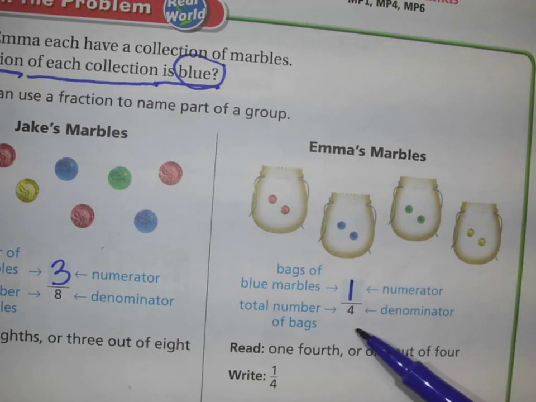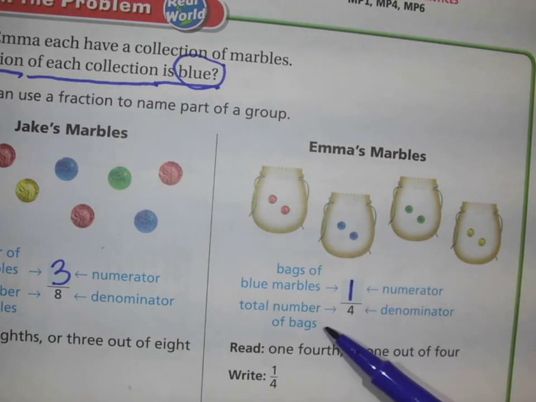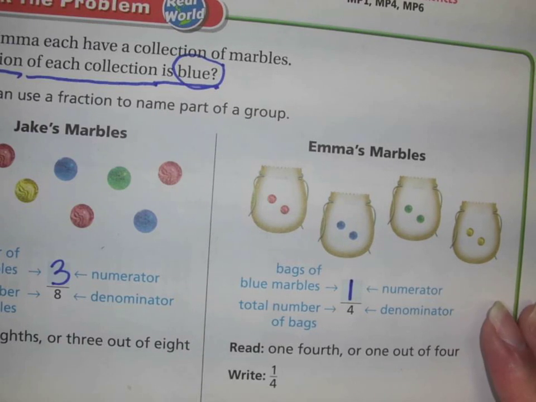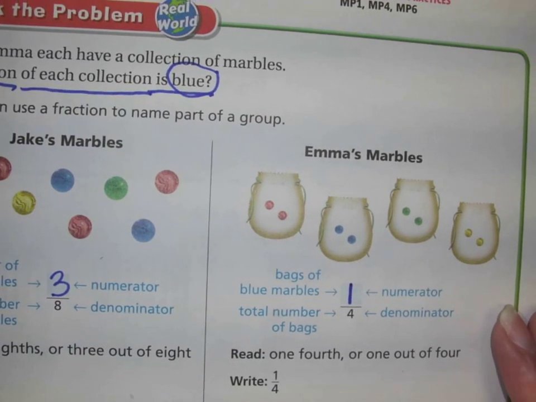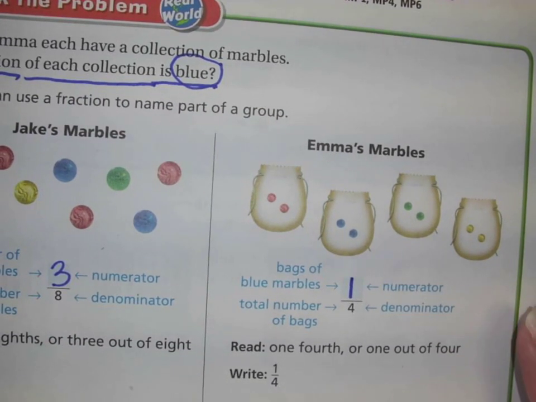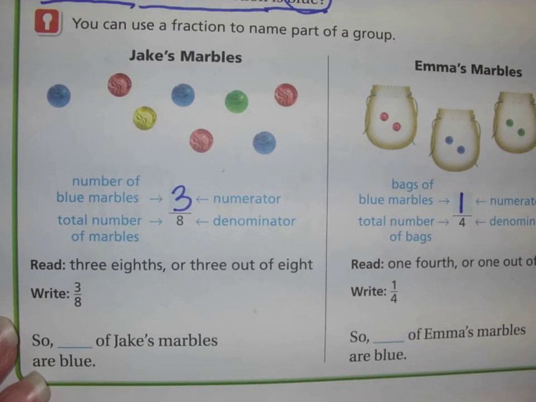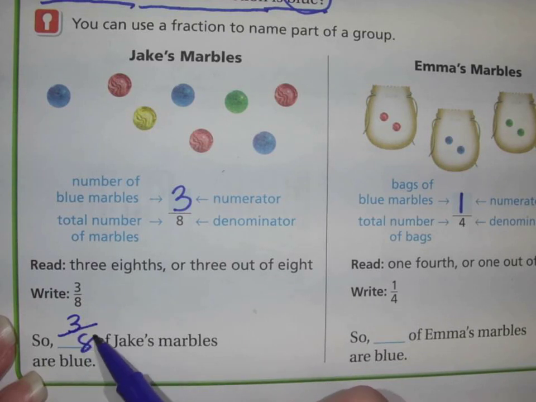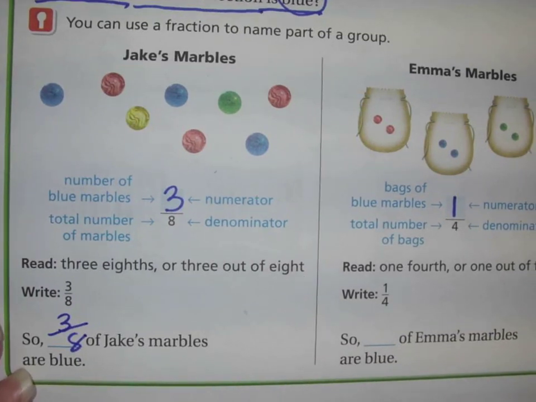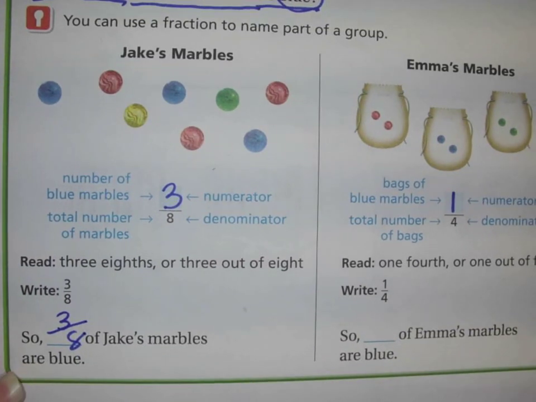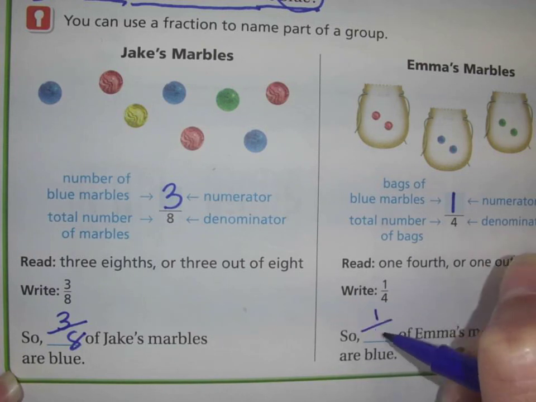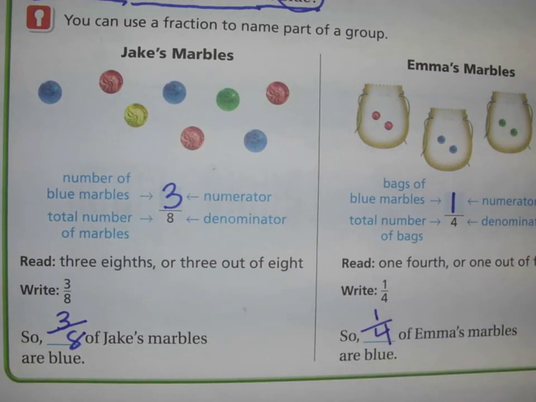So 4 is our denominator because that represents the total number of bags. So, what fraction of each collection is blue? Jake's fraction is 3/8, and Emma's collection of marbles that is blue is 1 out of 4, 1/4.